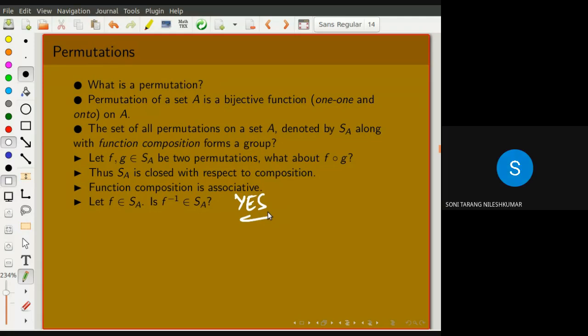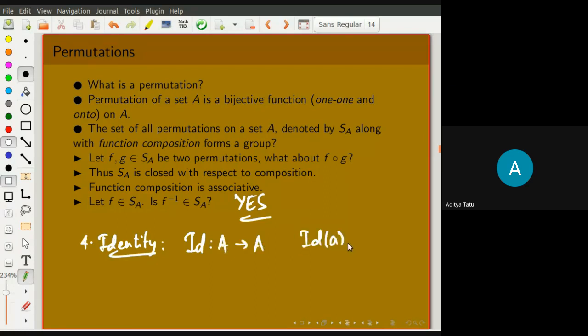Sir, the identity. So what would be the identity? The function that maps the arrangement to itself. Exactly. So we denote it as the identity map, id from A to A, defined as id(a) = a for all a in A. Once you have defined this, you can verify that it satisfies f∘id = id∘f = f.